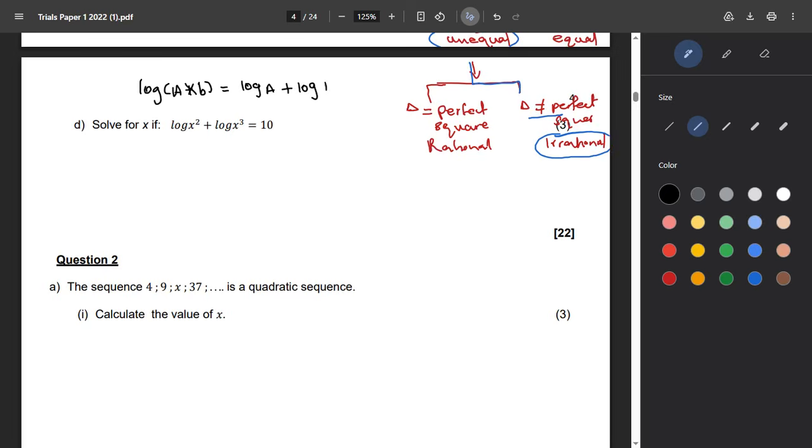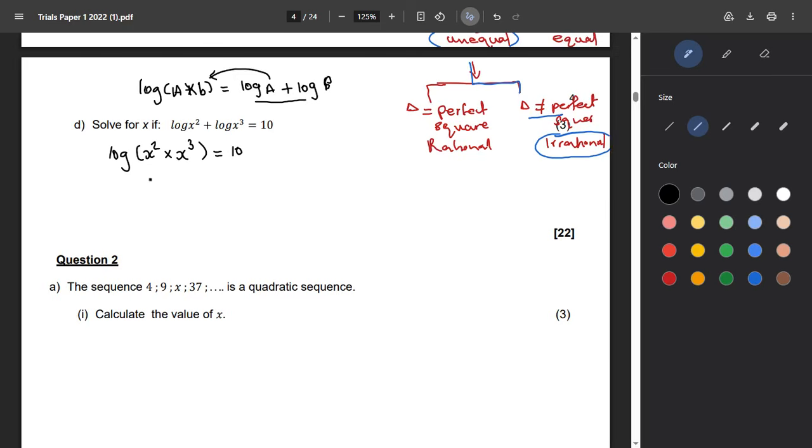This is the log law I'm going to use. So it's given in this form. I'm going to reverse the log and write it in that form. So this will be the log of x squared multiplied by x to the power 3. And then this is equal to 10.